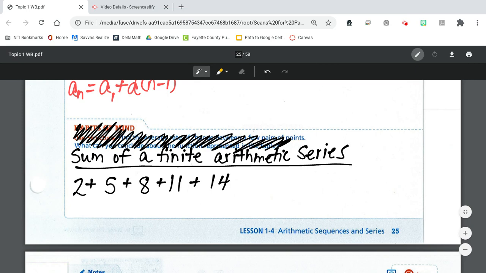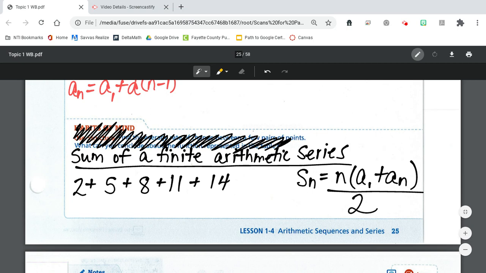So the other thing we can do is use a formula for this. And here's the formula: S sub n equals n times a1 plus a sub n, all over 2. So you have a couple new variables here, so let's define those.